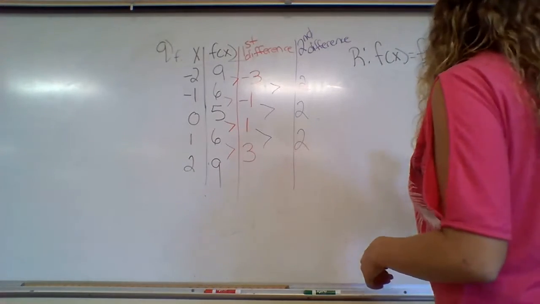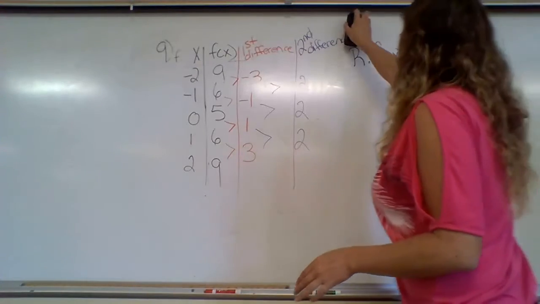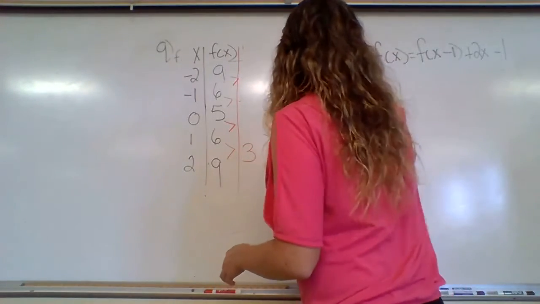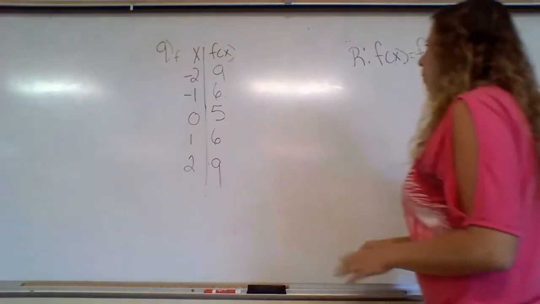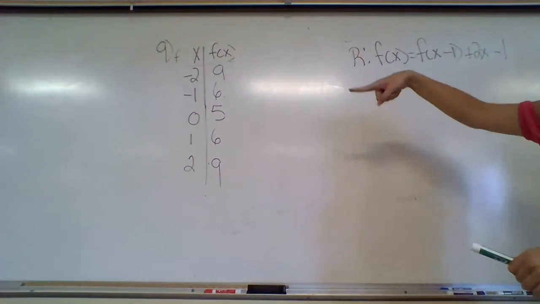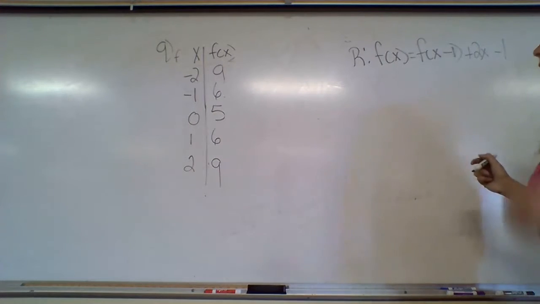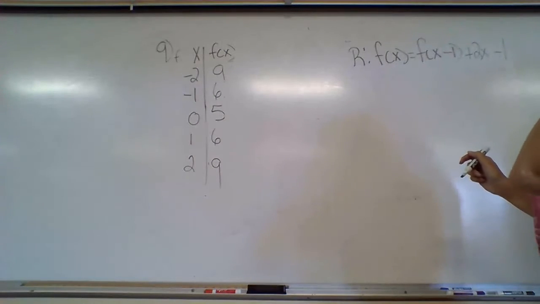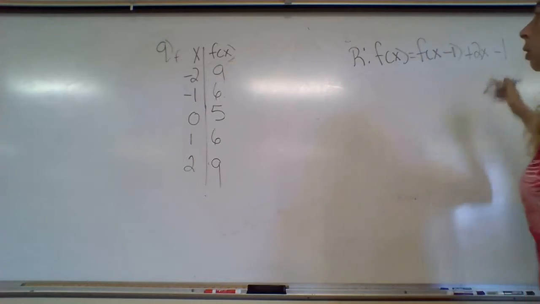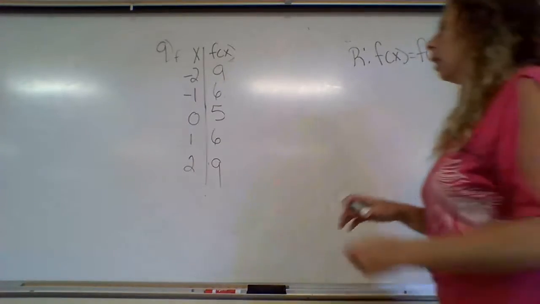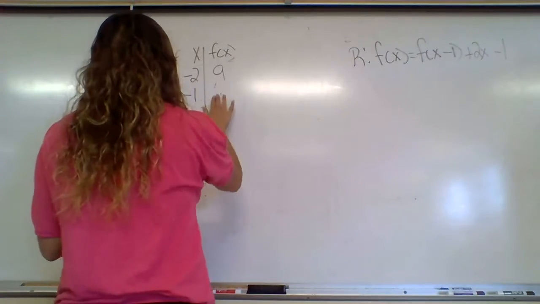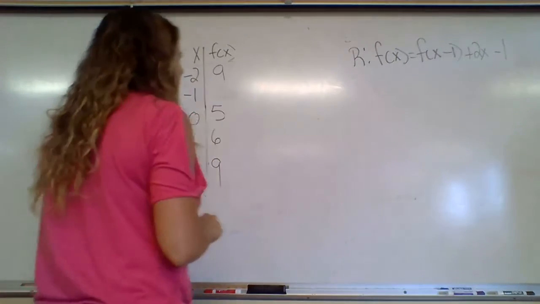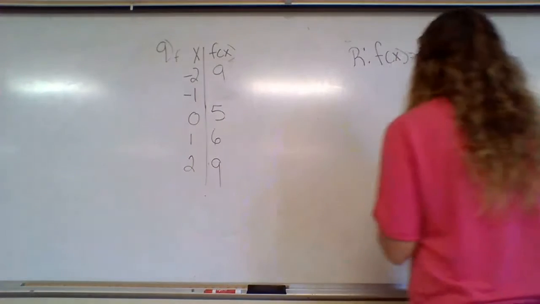Okay. All right, so back to our regular table. I'm saying that this is the recursive equation for that table. So let's pretend we don't know this. When x equals -1, we don't know what the y value is.